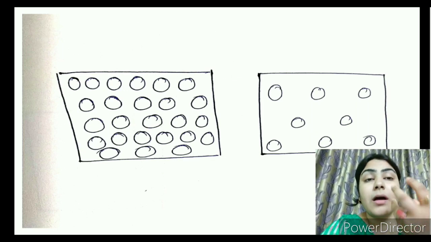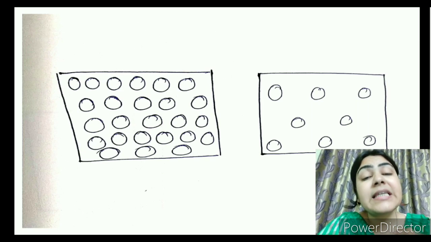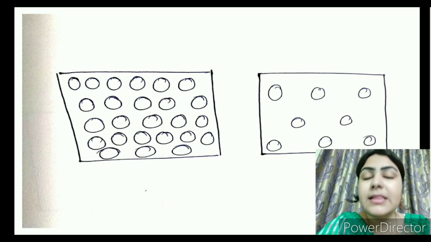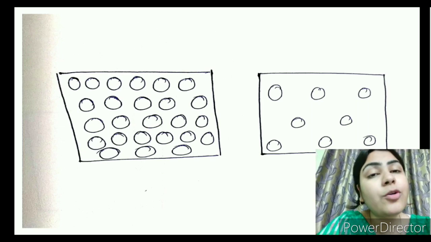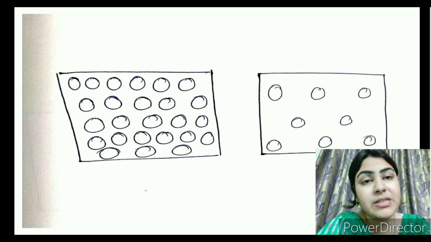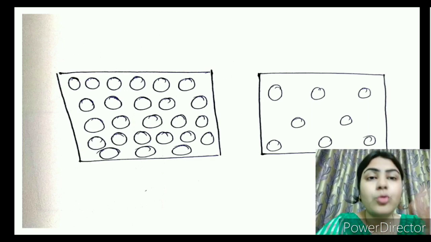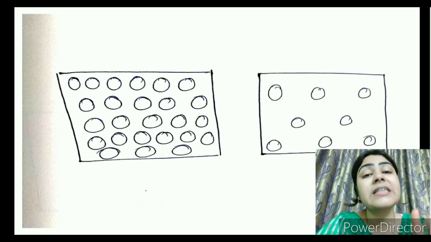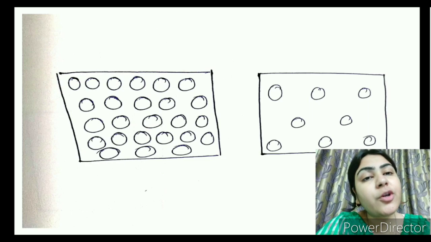So now what will happen? The box having many balls has more density than the box having a lesser number of balls. Why? So what do we understand with density? Density is the amount of substance in one place, that is, mass per unit volume.